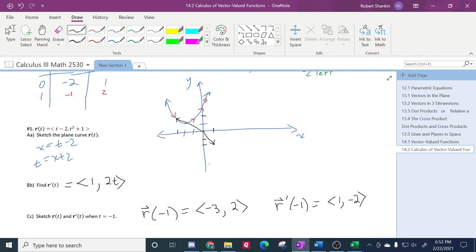Let everybody process this. I drew the r of negative 1 up here. I drew the r prime of negative 1 down here. But there's a better way to have drawn these that adds more insight. Go ahead and hit enter. Discuss this briefly.